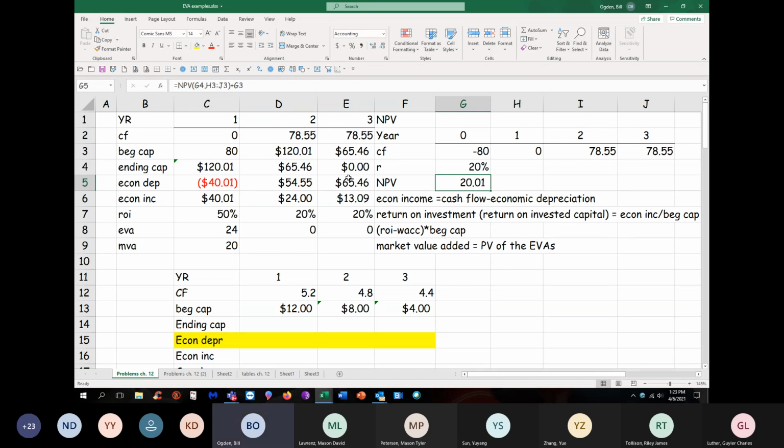And so you might make the argument, well, what did I learn here? If I just did an NPV, I know that the NPV is 20. Why did I go through all this to get 20 here? Well, the difference is that the NPV analysis gives you but one number, and that's the present value of the future expected cash flows less the investment cost. Well, over here, you actually get an EVA each year.